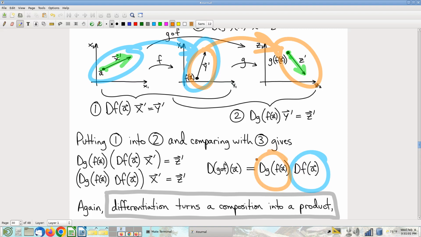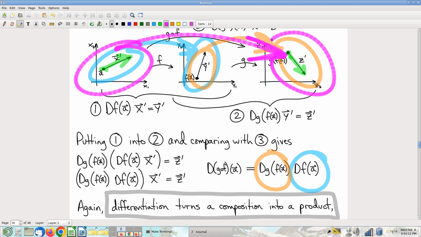Right? And if you turn x prime into y prime and y prime into z prime, all together as a whole, what you've done is you've turned x prime into z prime by the multiplication by this product of two matrices. That product matrix is the matrix that turns x prime into z prime. So that's the broad strokes, big picture there.